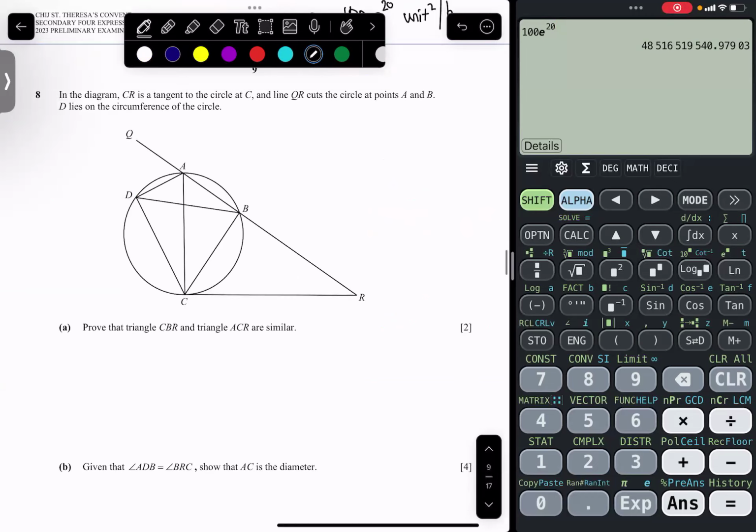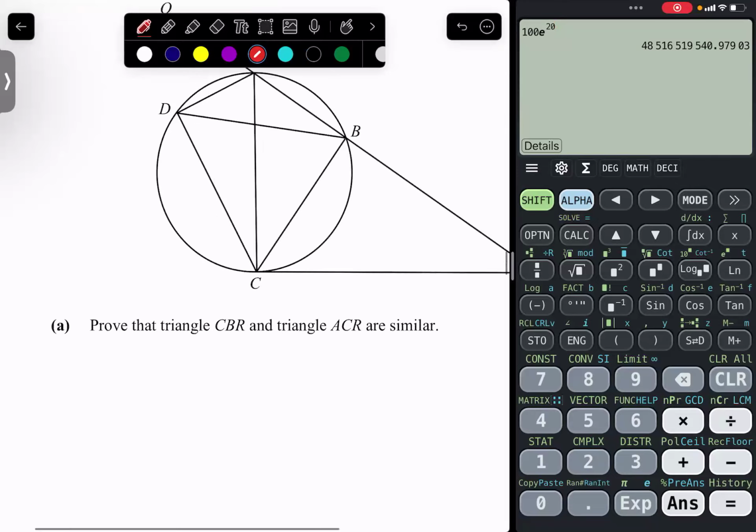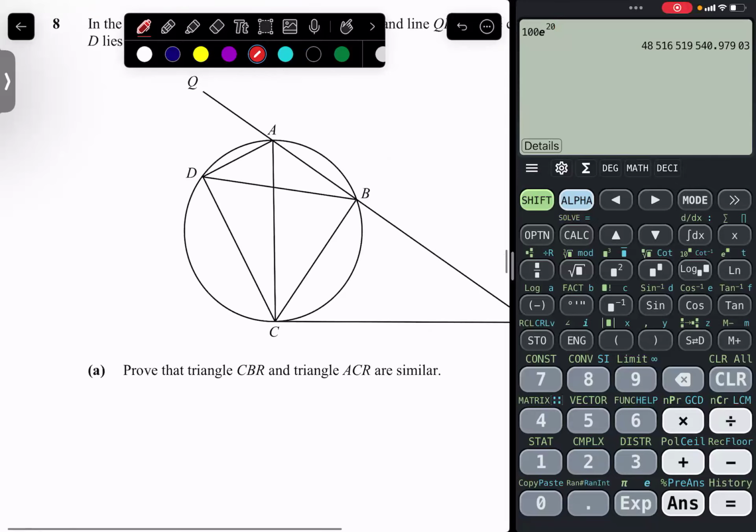Question 8. In the diagram, CR is a tangent to the circle at C, and QR cuts the circle at points A and B. D lies on the circumference of the circle. Prove that triangle CBR and triangle ACR are similar. When I look at similar triangles, I like to write 1, 2, 3, 1, 2, 3.